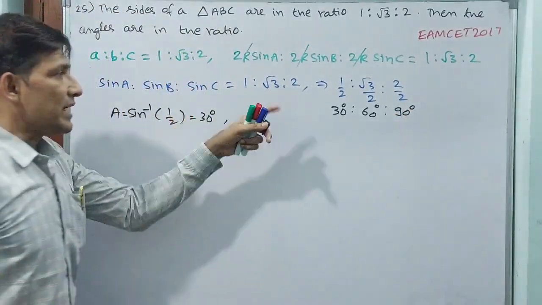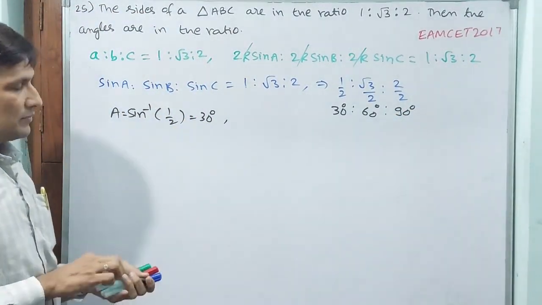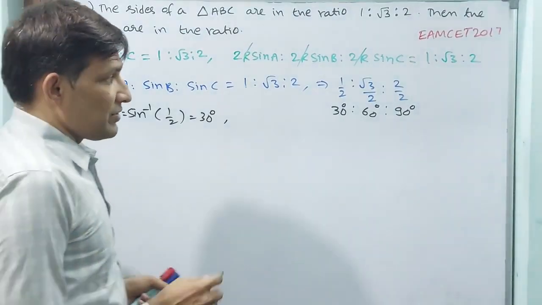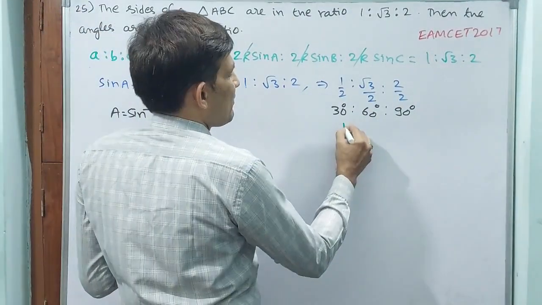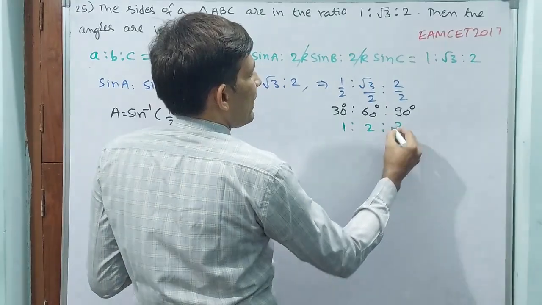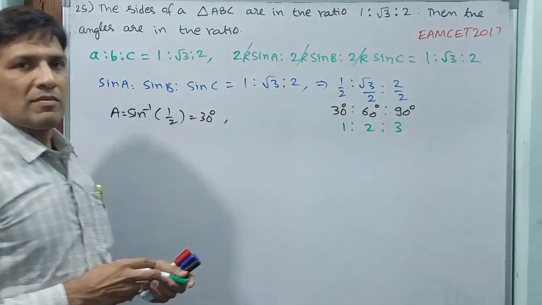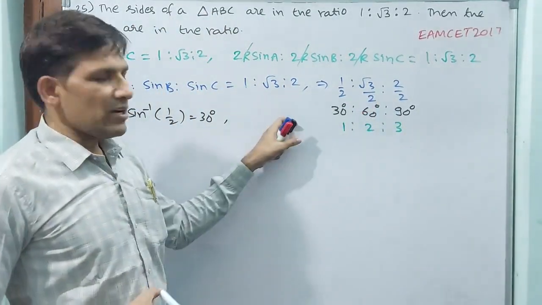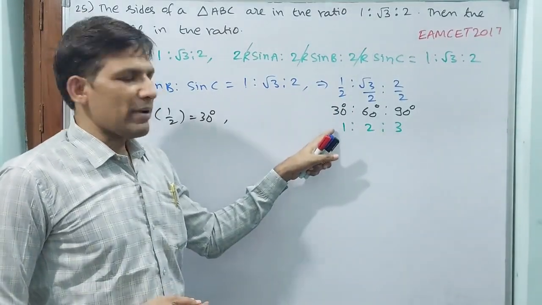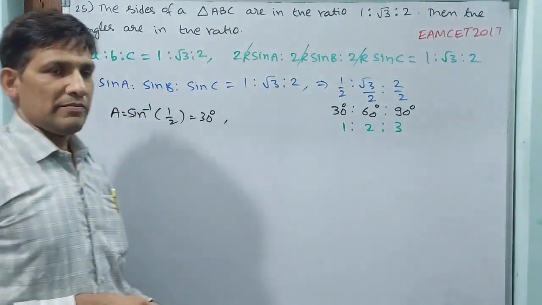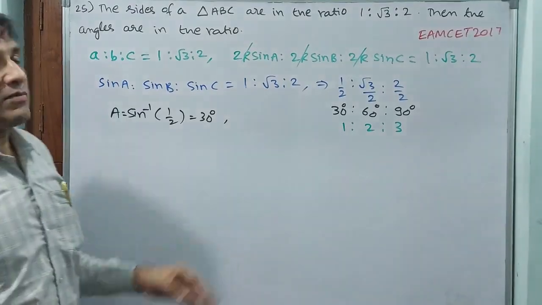Why? Sin 90 is 1. Now you divide all with 30 degree. That means 1 is to 2 is to 3. Or 30 degree you take common and cancel. Then 1 is to 2 is to 3. Answer is 1 is to 2 is to 3.